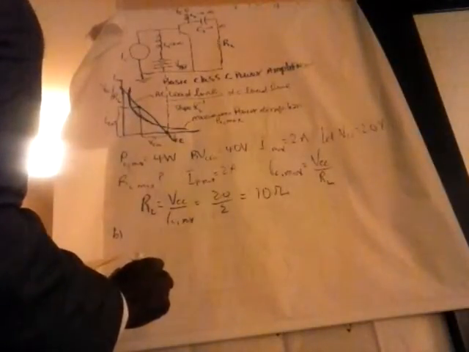Now for B, if the amplifier is designed so that the average power dissipation curve is never exceeded, then we'll have that VCEQ times ICQ will be equal to PC max, equals 4 watts.